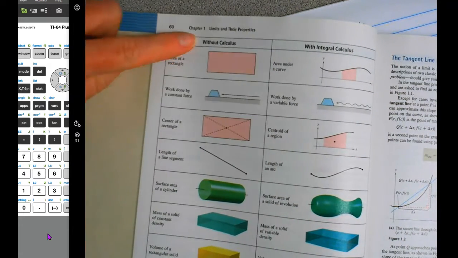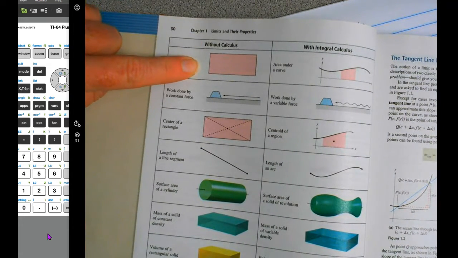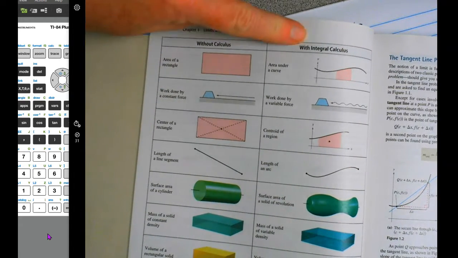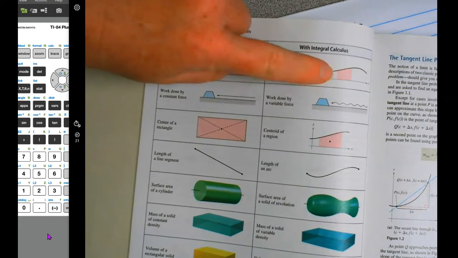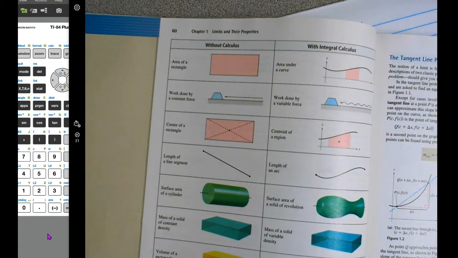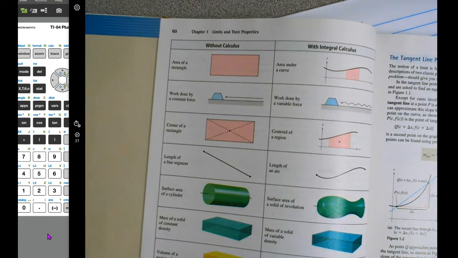So before calculus, you could find the area of a rectangle, right? Duh, we know how to do that. We did that when we were estimating things. But with integral calculus, we'll be able to find things that don't have a specific geometric formula. So not length times width or volume of a cone, 1/3 pi r squared times h. Those are things that have a formula.